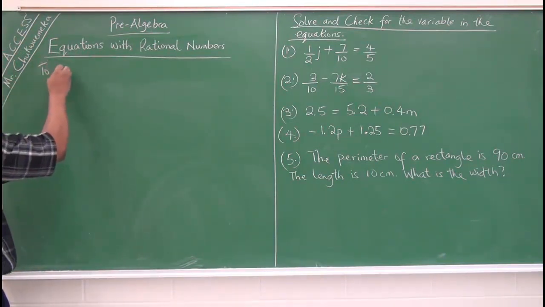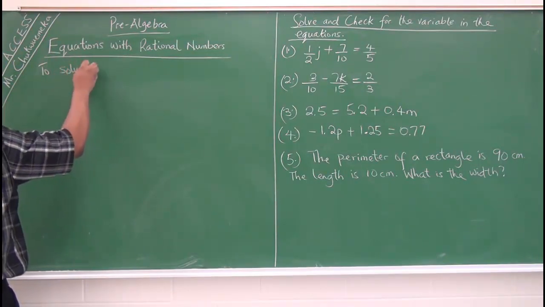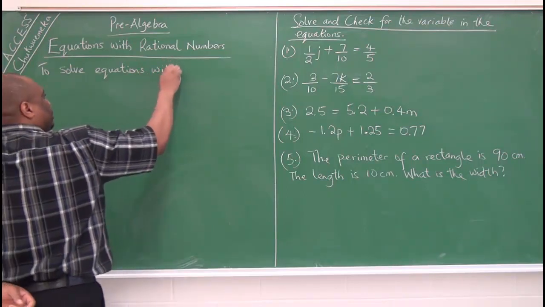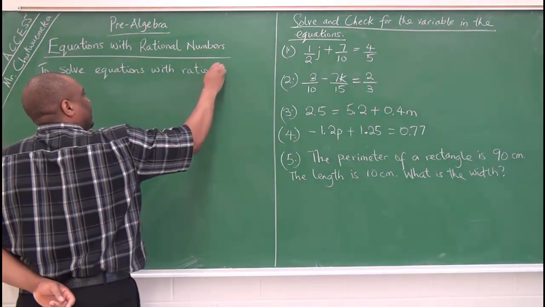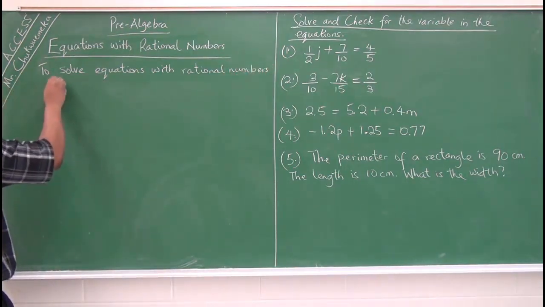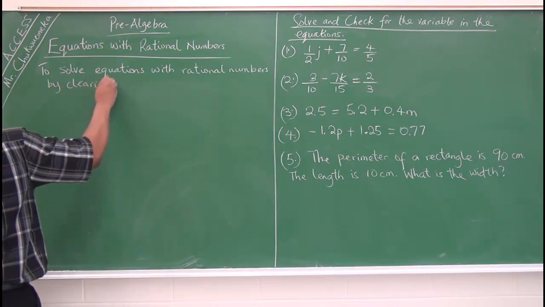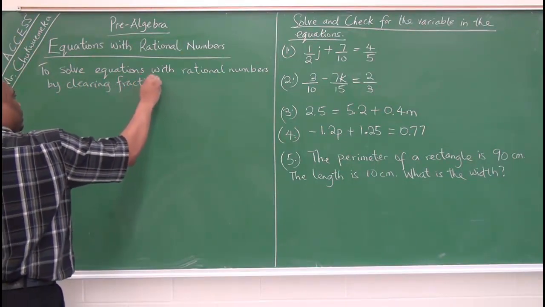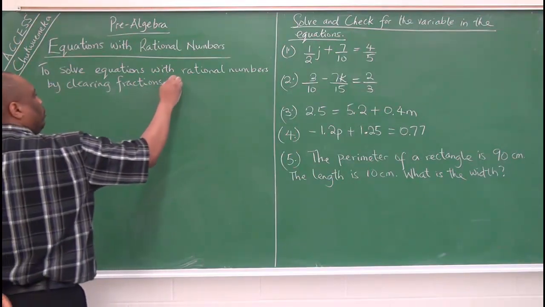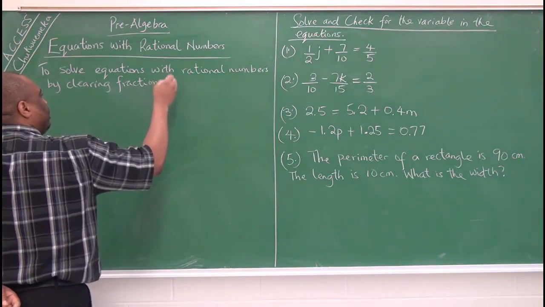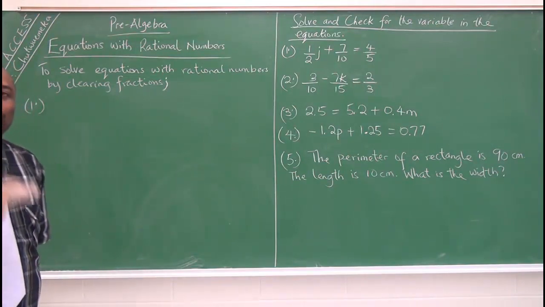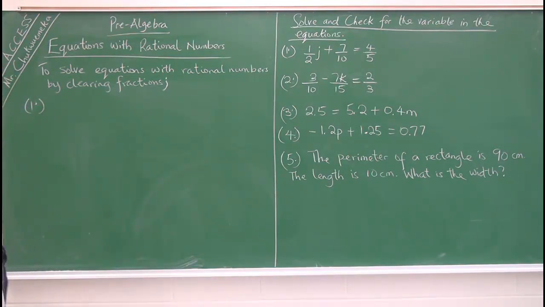If we want to solve equations with rational numbers by clearing fractions, the first thing we want to do is find the least common denominator of the fractions.